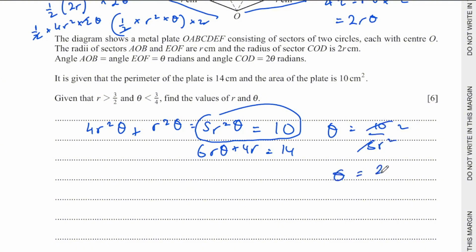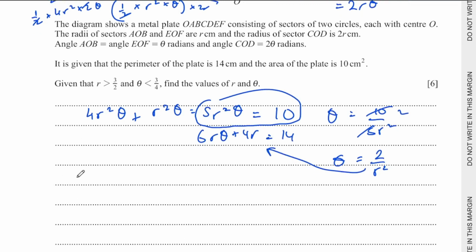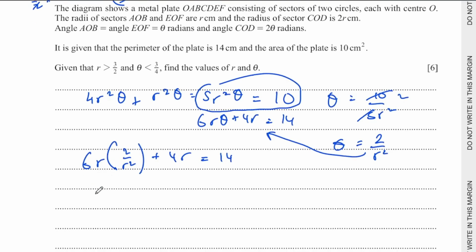So theta equals 2 over r squared. We can substitute that into the next one. So 6r times 2 over r squared plus 4r equals 14. This is going to be 6 times 2, which is 12, over r. I cancelled these out, plus 4r equals 14.